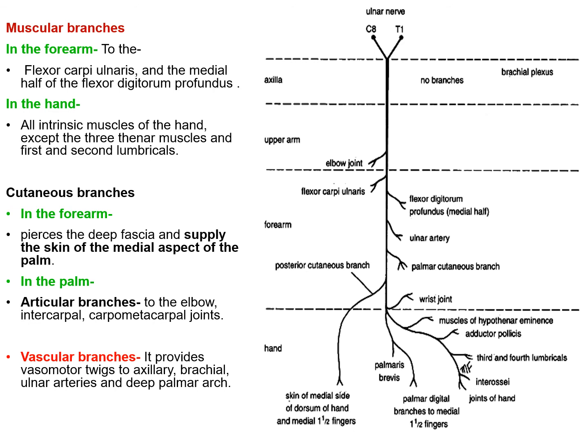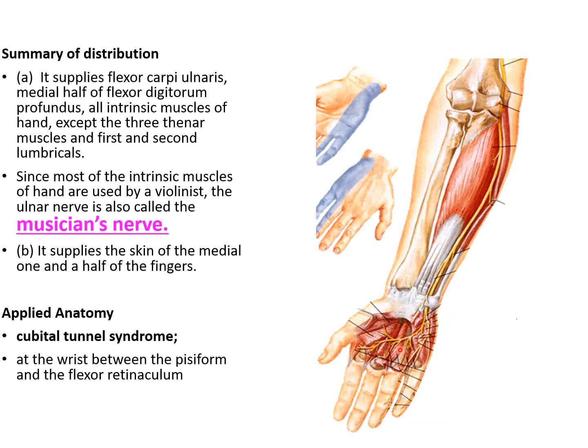The vascular branches provide vasomotor twigs to the axillary, brachial, ulnar artery and the deep palmar arch. So, summary of distribution of the ulnar nerve: it supplies the flexor carpi ulnaris, the medial half of the flexor digitorum profundus, all the intrinsic muscles of the hand except the thenar muscles and the first and second lumbricals.